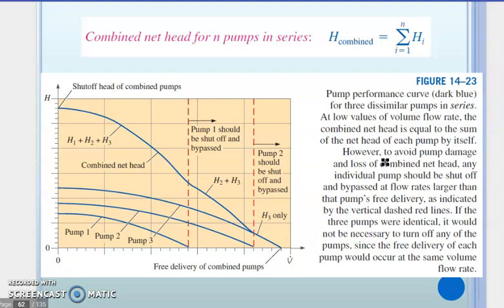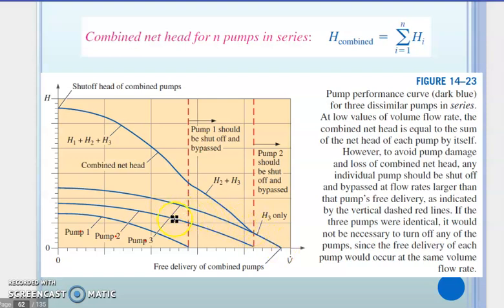what happens to the pump performance curve? Here you have three pumps: pump number 1, pump number 2, and pump number 3. This is the head for pump 1, the head for pump number 2, and the head for pump number 3.